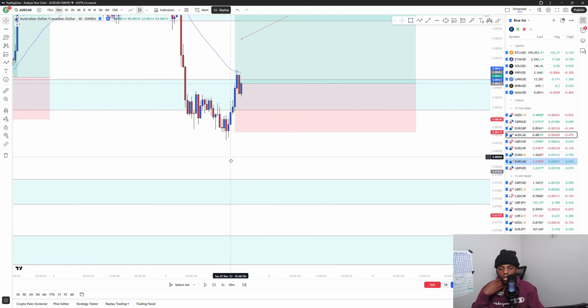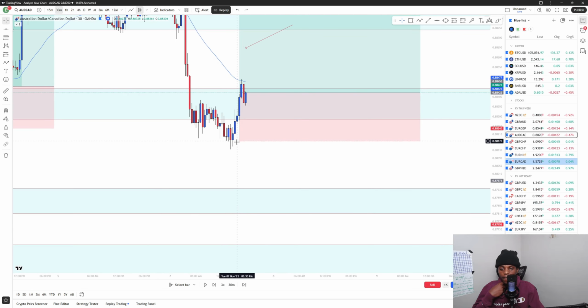Stop loss always gotta be under the higher low, like down here. And starting from the wick, we add pips. We add like 10 or 15 pips, 28. If I add, that's like 38. Risk reward trash.